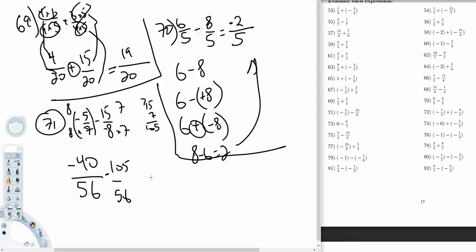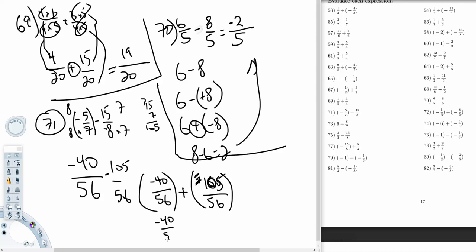So let's make this all nice again. Minus 40 over 56 minus 105 over 56. Now, to change this into a positive, we're going to turn this into a negative. So it becomes minus 40 over 56 plus minus 105 over 56.